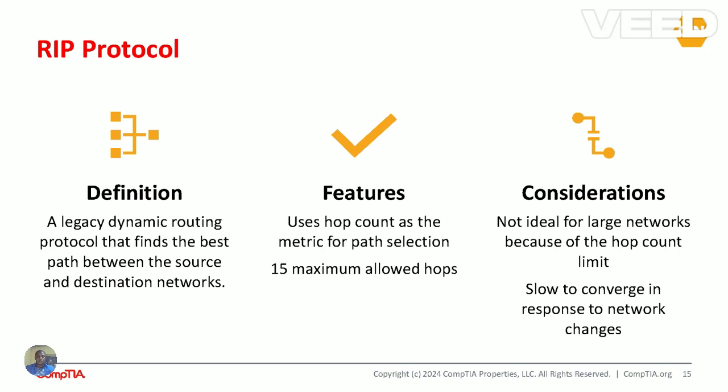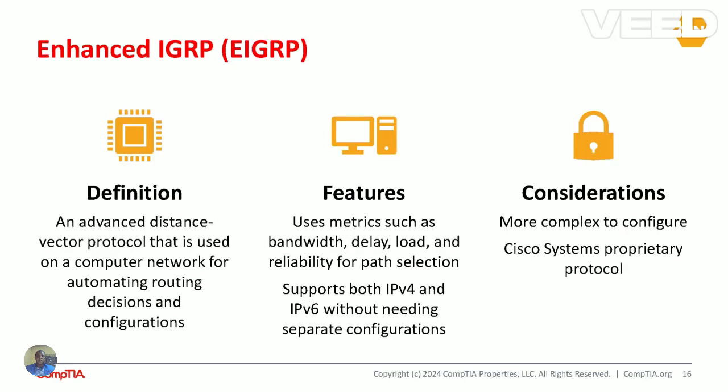One of the features is that it uses hop count as the metric for path selection. Fifteen is the maximum allowed hops. Consideration: not ideal for large networks like what we just mentioned because of the hop count limit. It is also slow to converge in response to network changes.